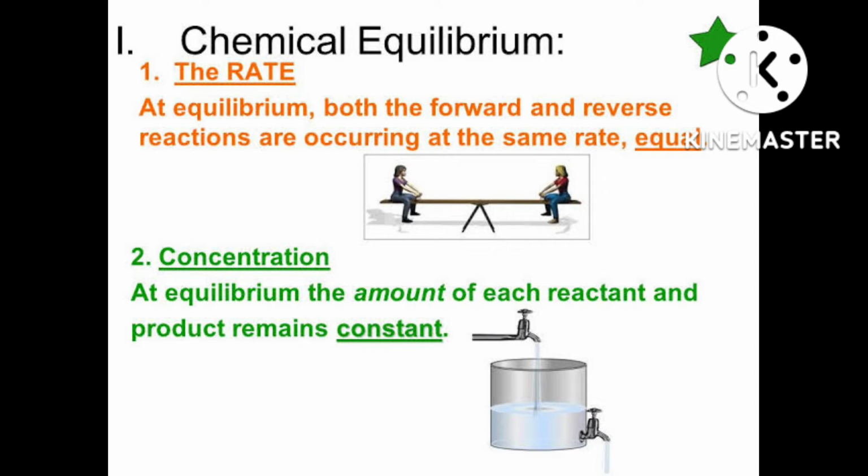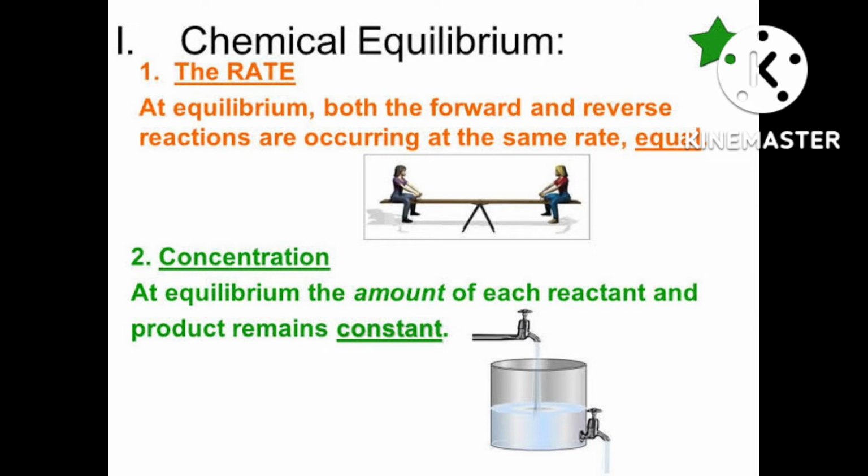The double half arrows indicate that processes in both directions are going on simultaneously. The mixture of reactants and products in the equilibrium state is called an equilibrium mixture.